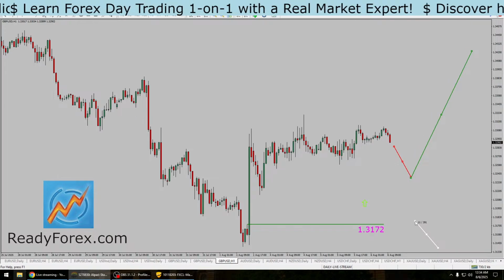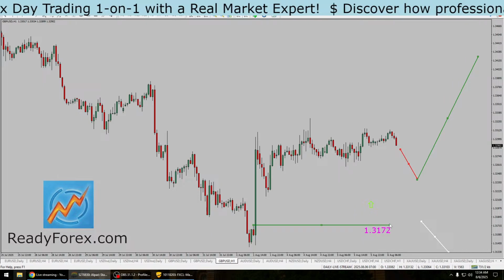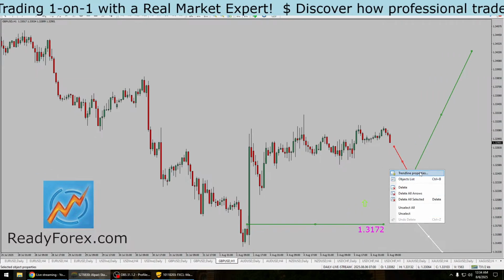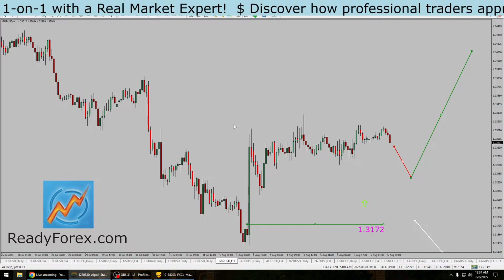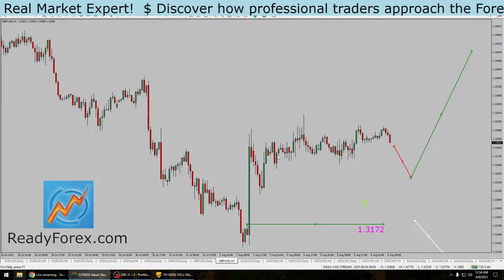Now if price action is going to break below the 1.3072 level, let me adjust this trend line, then it's quite possible that price action is going to drop even further.